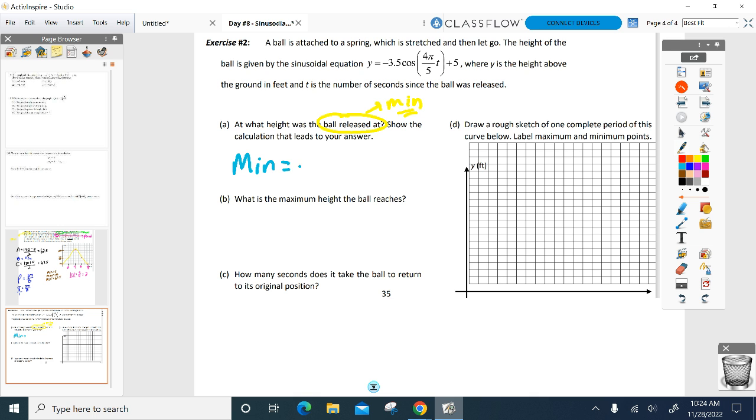It was negative 3.5 because of the A value out in front. But there's also a shift which I need to apply to that old minimum of up 5. Good. So it was negative 3.5, but I went up 5. So now it's going to be released at 1.5. Looks like feet are my units here. It's going to be released at 1.5 feet.